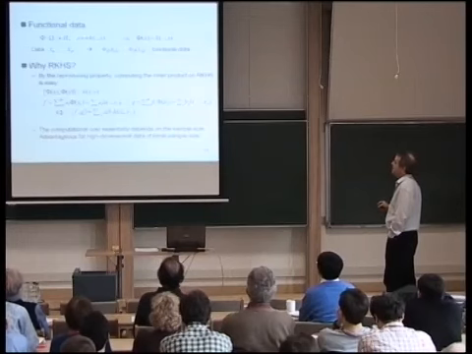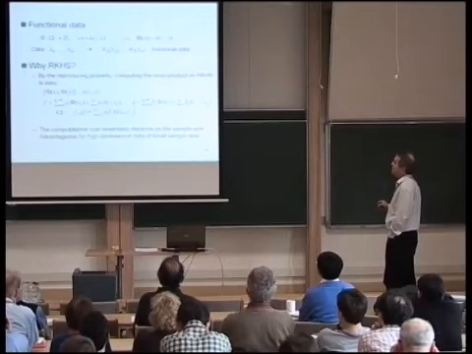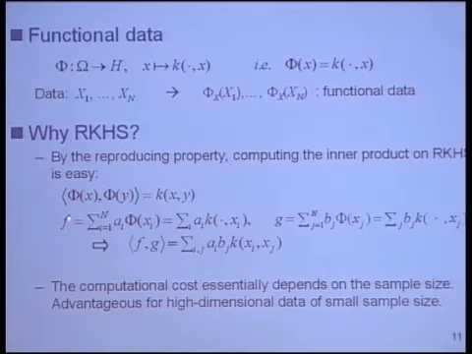So if I evaluate the inner product between the image of x and y, it just becomes a kernel evaluation. And that can be evaluated just by plugging in f, as it lives in the Hilbert space, so it's some expansion. And g similarly is some expansion. These things are dense. And therefore, the inner product, just by expanding out, becomes simply this evaluation on points xi and xj. All right, so the key point is that the computational cost basically depends on the sample size.